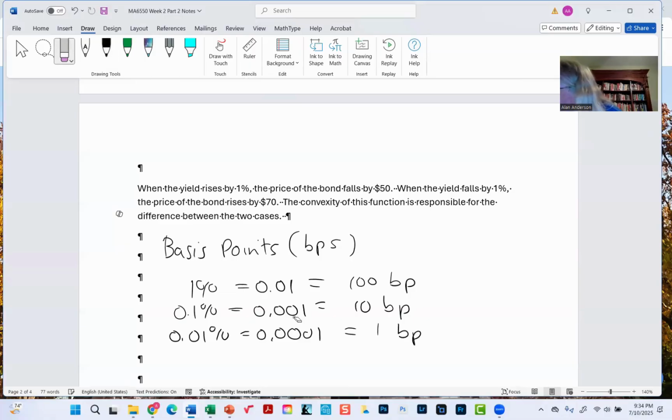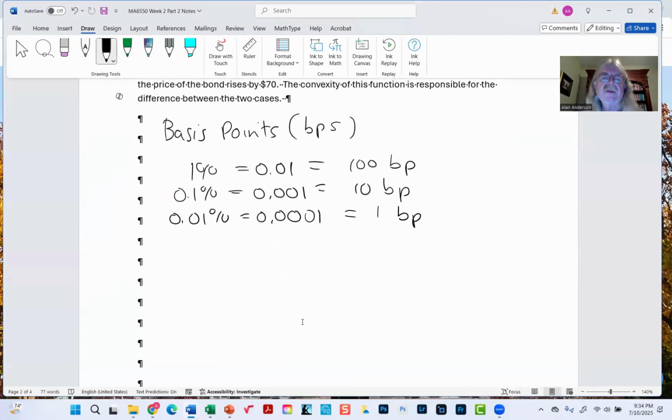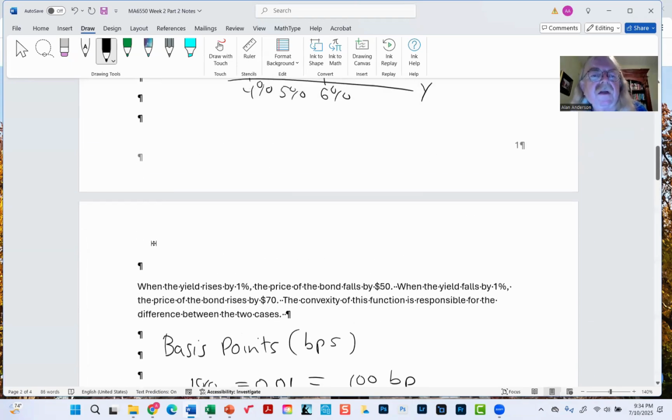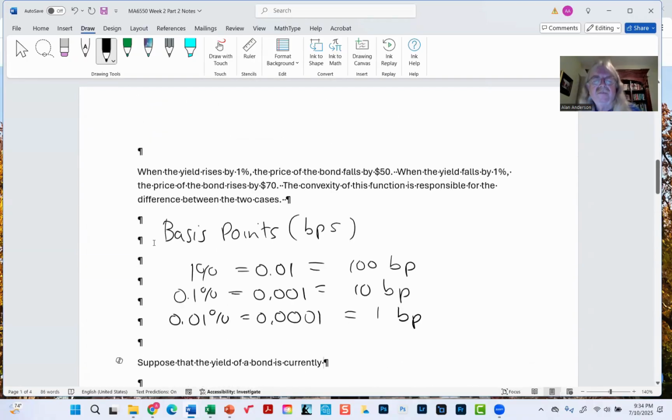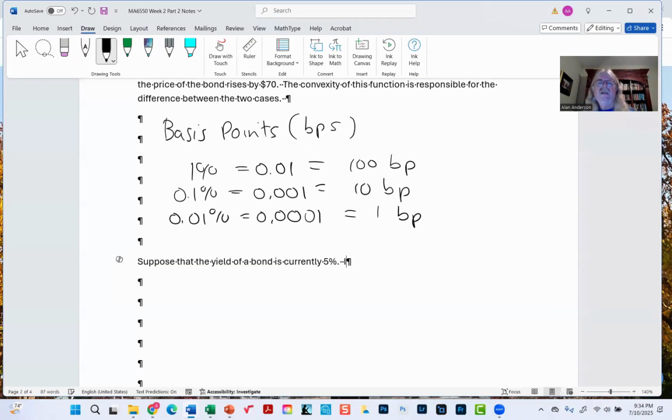So why do we need a measure like this? Well, here's an example. Suppose that the yield of a bond is currently, like we saw here, 5%. If we say that the yield has increased by 1%, this could potentially mean one of two different things.